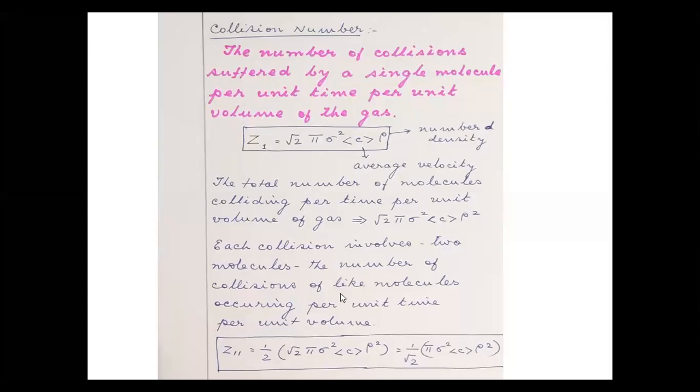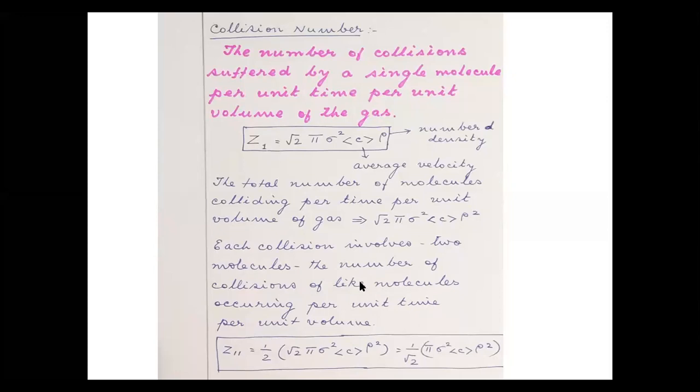Therefore, the number of collisions of like molecules occurring per unit time per unit volume is, look here, Z11. This is the total number of collisions. Two molecules are colliding means just half of that.